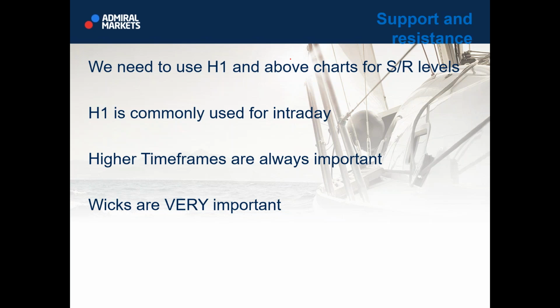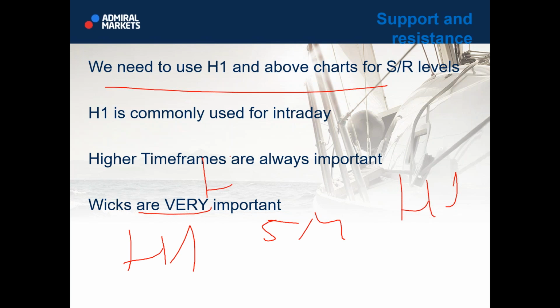So do not underestimate the power of higher time frames. If you do 5-minute trading, then 1 hour support resistance lines should be drawn. If you use 1 hour trading, then you use 4-hour time frames. If you use daily trading, then you use weekly. Okay, so it's always about higher time frames. Yes, Jen is asking for 1 hour chart, support resistance is based on 4 hour.